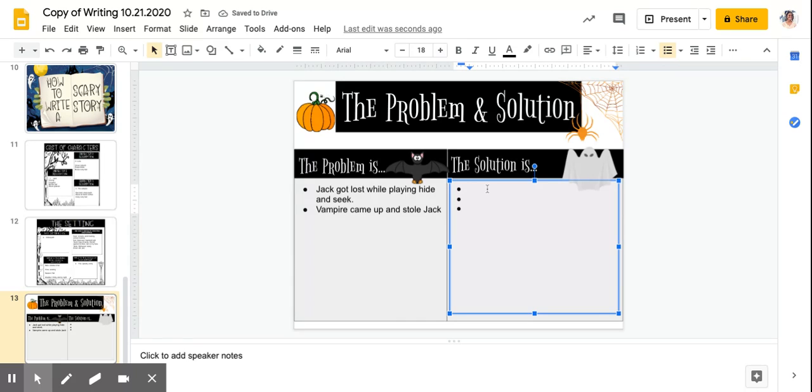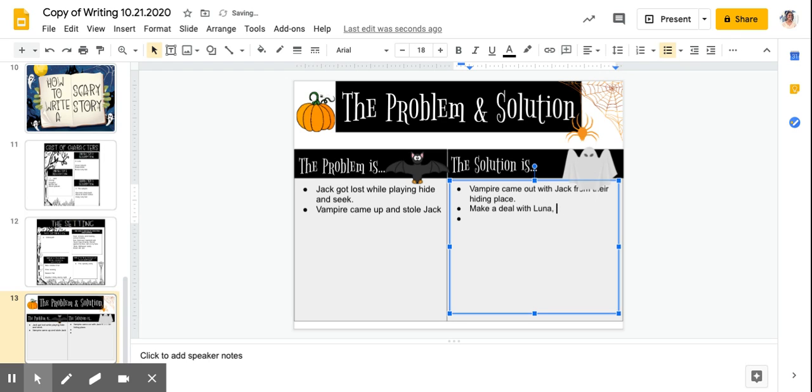So the solution is, the vampire came out with Jack from their hiding place. But then he wants to make a little deal with me. So he's going to make a deal with Luna.